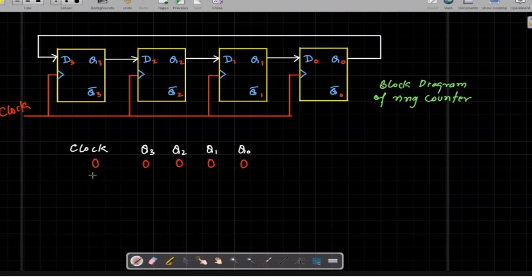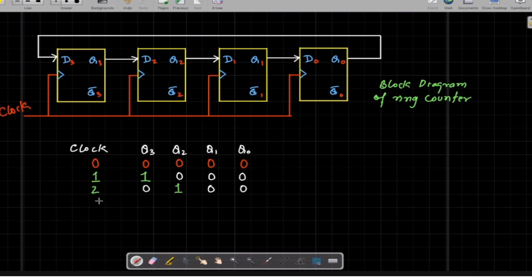So now, for example, the first clock comes, then of course it will give the output here, because this will be 1 and the remaining are all 0, 0, 0. And when the second clock comes, the second output becomes 1 and the remaining all become 0, 0, 0.